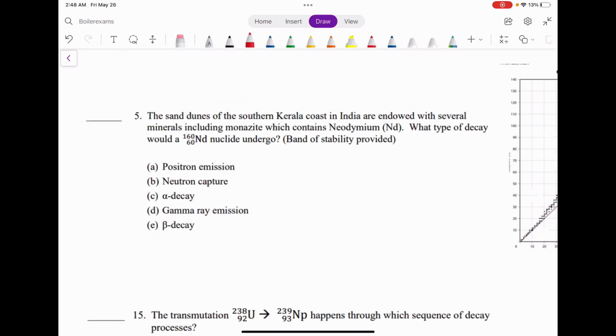Okay, next problem. The sand dunes of the southern Kerala coast in India are endowed with several minerals, including monazite, which includes neodymium. What type of decay would a 160 mass number, 60 atomic number neodymium nuclide undergo? Wow, I definitely butchered a lot of names there.